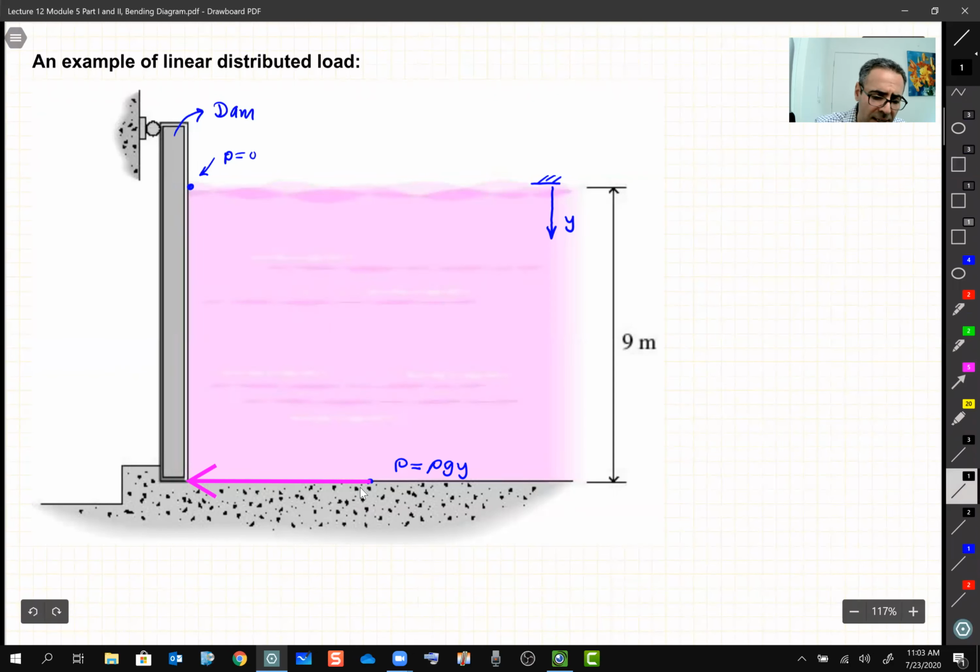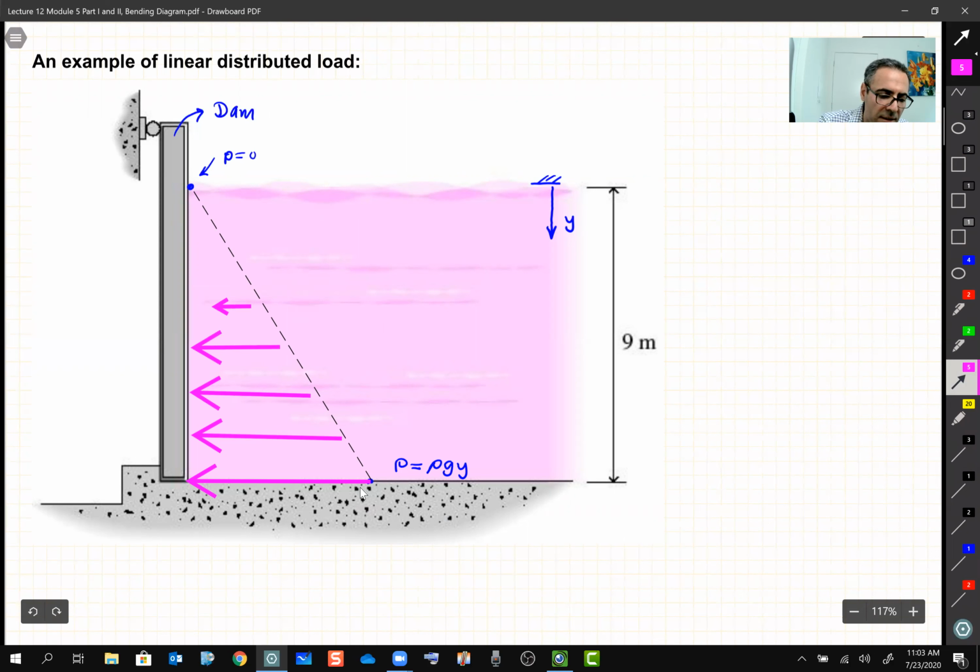And it linearly increases. So that's an example of a linear distribution load.